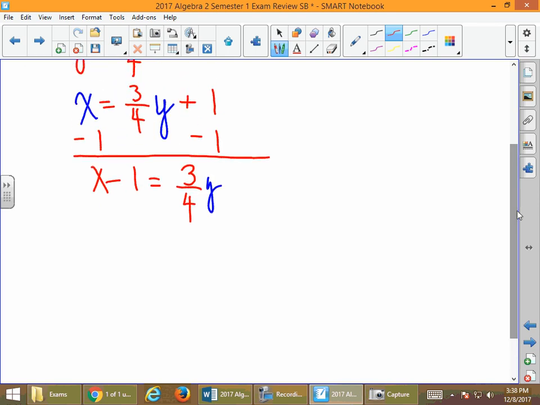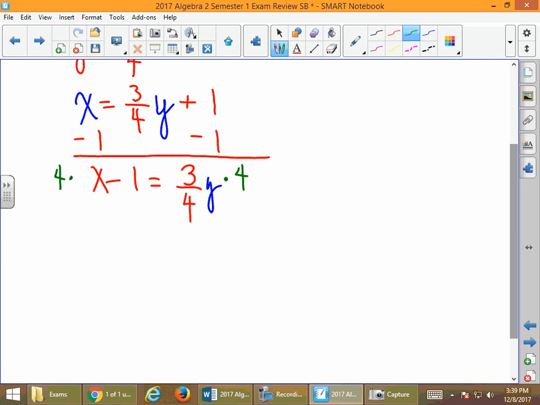Some teachers may do it in 1, but it's 3/4 times y. And instead of dividing everything by 3/4, what I'm going to recommend is we do the same kind of thing that we did in problem number 1, where we multiply the right side of the equation by 4, and then we multiply the left side of the equation by 4.